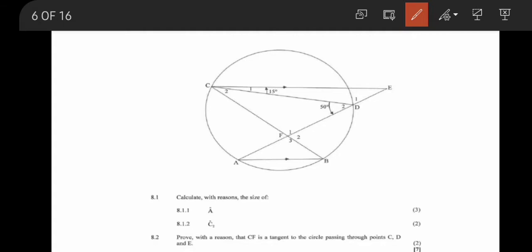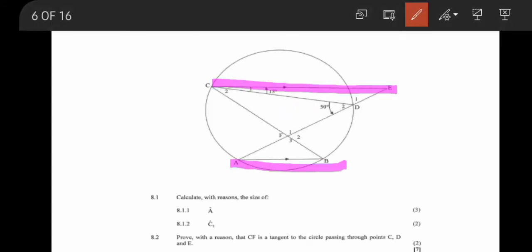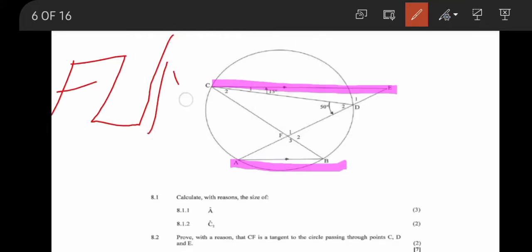So here you can see that we've been given a pair of parallel lines. CE is parallel to AB. Now, when we have parallel lines, we know maths is fun with parallel lines, right? Whenever we have parallel lines, we check if we have any corresponding angles, co-interior angles, or alternate angles.